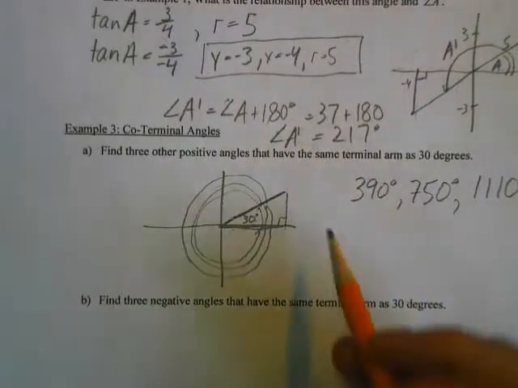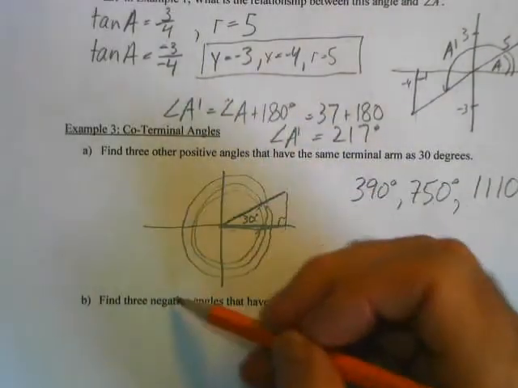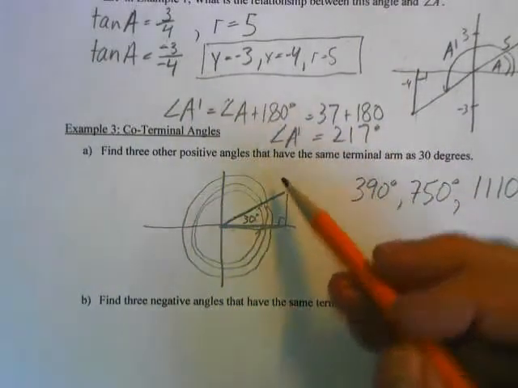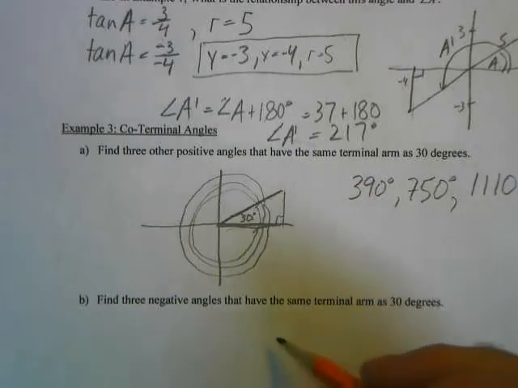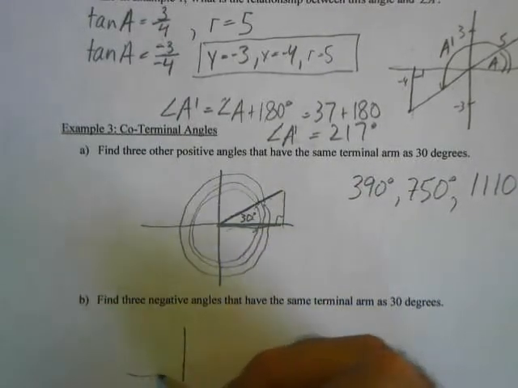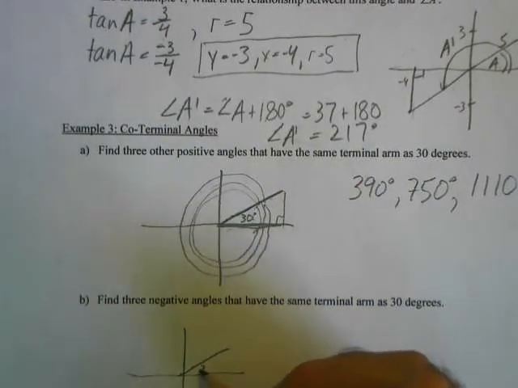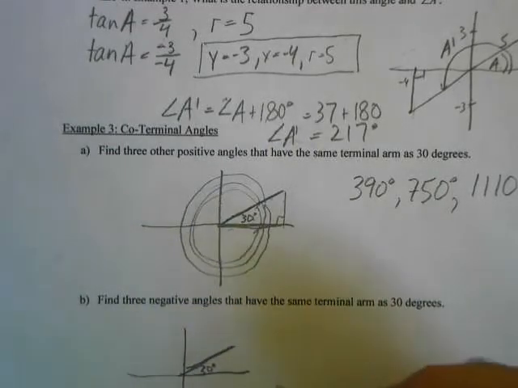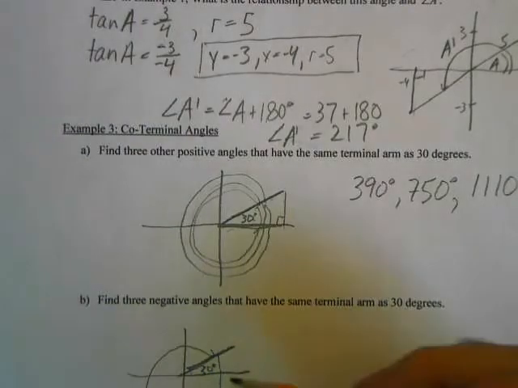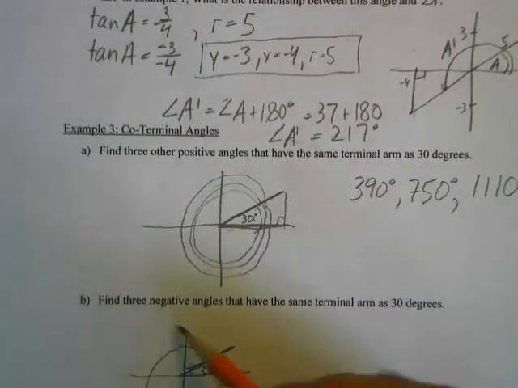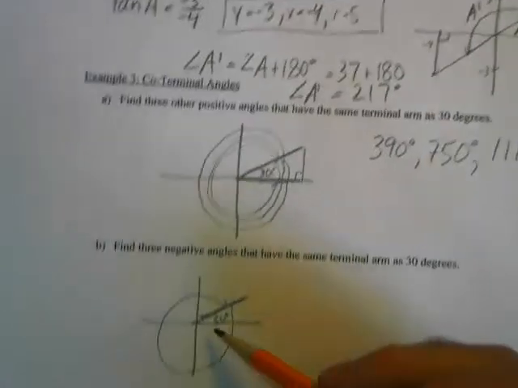Okay, now how does it work for negative angles? Well, when I was doing my positive angles, I was going in the direction I'm supposed to, and that's counterclockwise. But if I have my 30-degree angle here, terminal arm there, I could instead go backwards, clockwise 360 degrees. When I go clockwise, I'm actually subtracting because I'm going in the opposite direction.